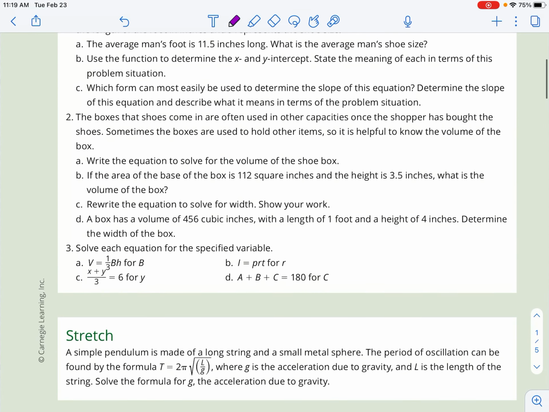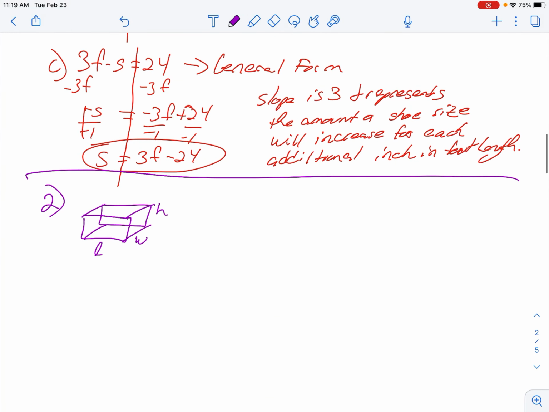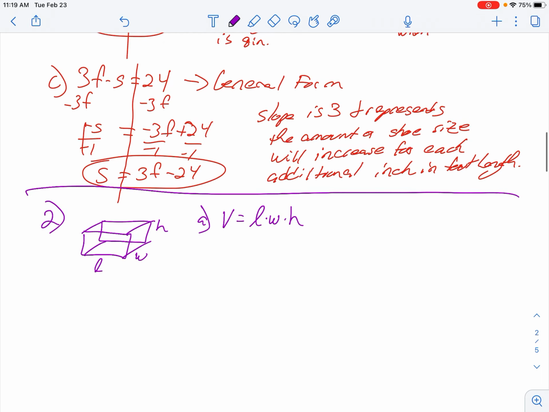So for part A, it says write the equation to solve for the volume of a shoebox. So for part A, that is volume is length times width times height. So what we say then is in geometry that the base of this box, the length and the width, that is the area of the base.